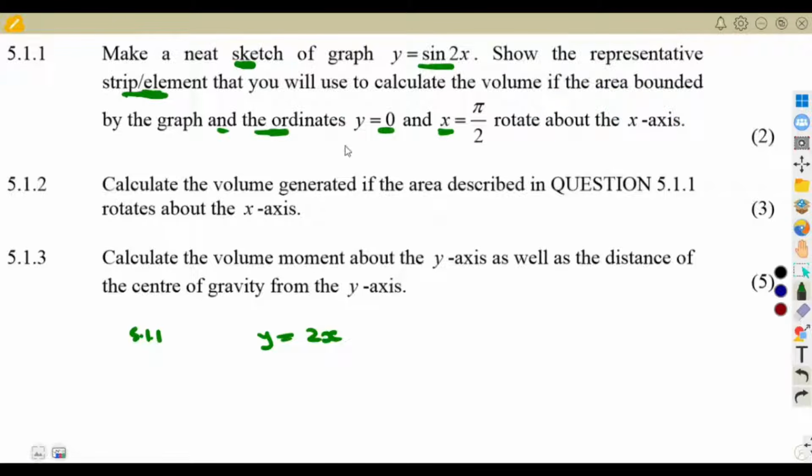That does not mean your representative strip is supposed to be on the x-axis. No, the representative strip is determined by the limits that you are given.